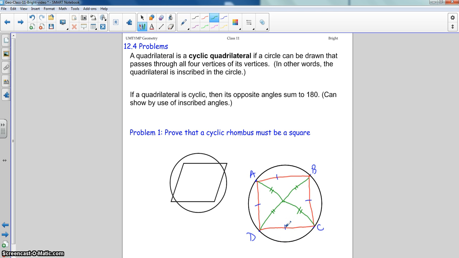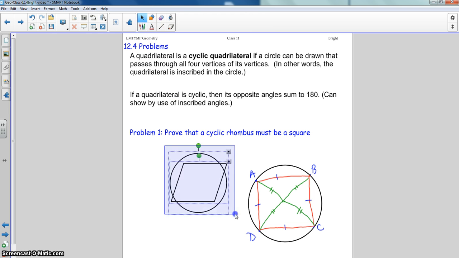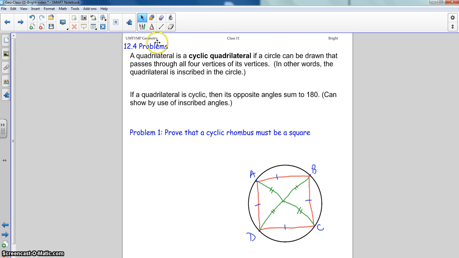From here, this is just going to be an outline, but the idea is you use side, side, side to get congruent triangles. Side, side, side, or you can use side, angle, side with vertical angles as well.